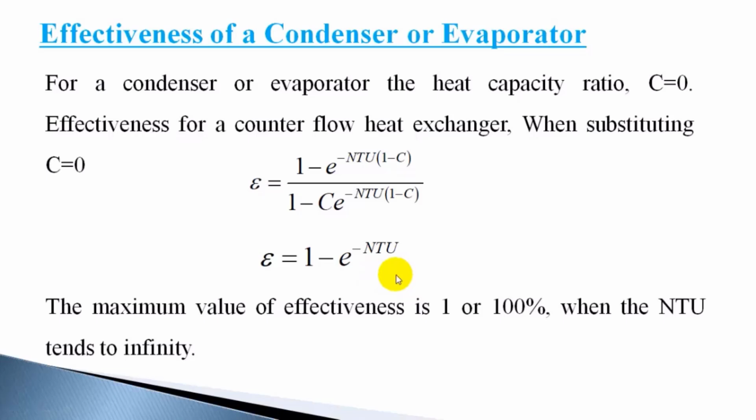The maximum value of effectiveness you can see from this expression, when NTU tends to infinity, this term vanishes and you get the effectiveness as 1, which is 100%. So for maximum possible effectiveness in case of a condenser or evaporator, you get 100% or 1.